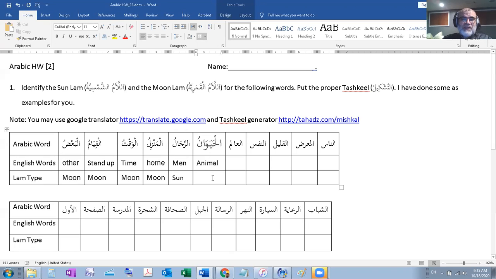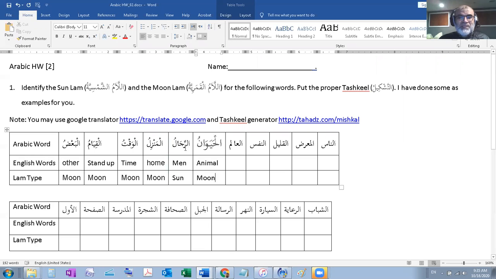And the lam type is Shamsiya or Qamariya. Moon means Qamariya. Why? Many reasons. One of them is that you see a sukoon on the top of the lam. When you see a sukoon on the top of the lam, it means it has to be pronounced. If you see nothing, then it doesn't have to be pronounced.